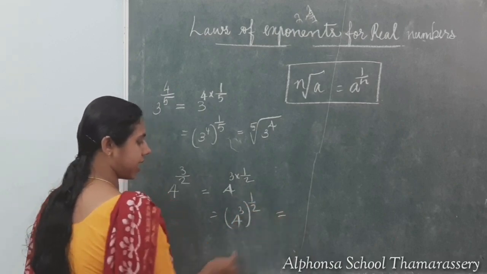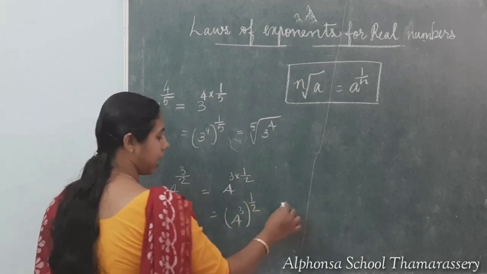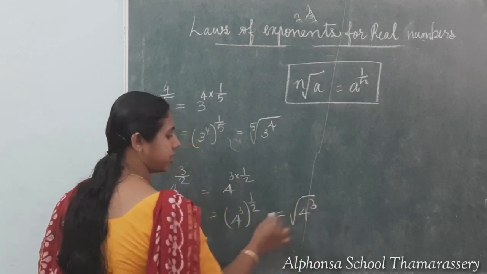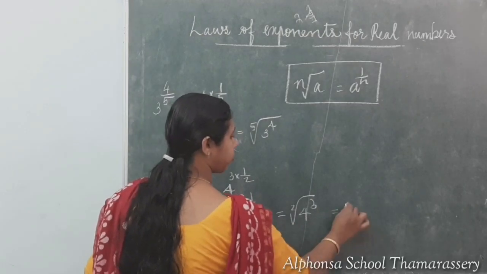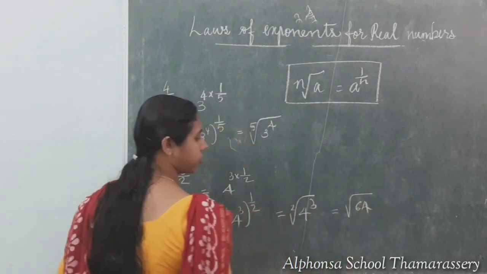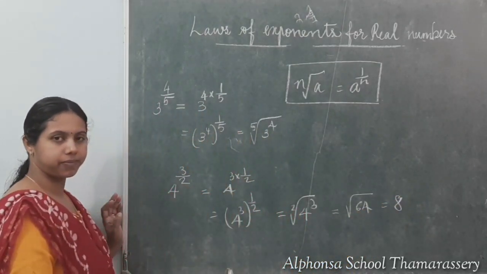That we can write as the square root of 4 raised to 3. 4 raised to 3 is equal to 64, and the square root of 64 is equal to 8.